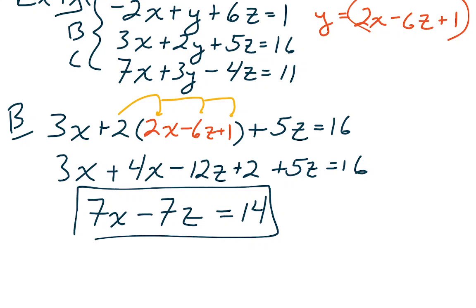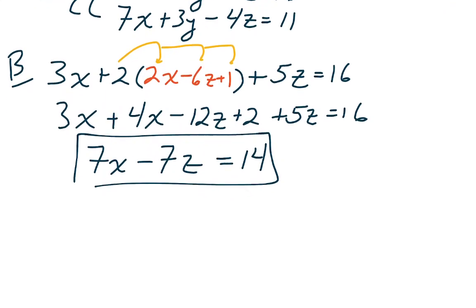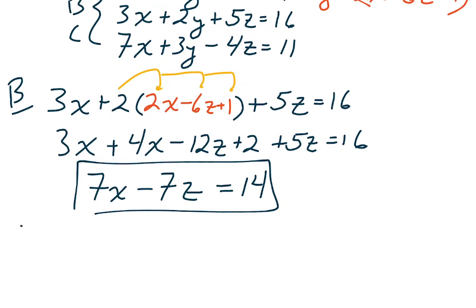Now, I want you to hold on to this equation, because it is going to eventually become part of a simpler system. What am I talking about? Well, we need to do another substitution before we see.